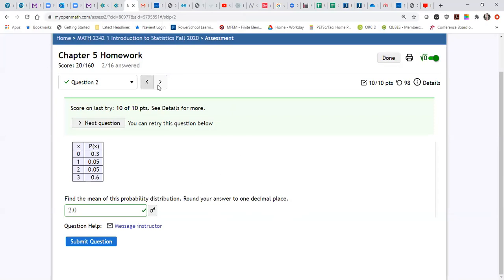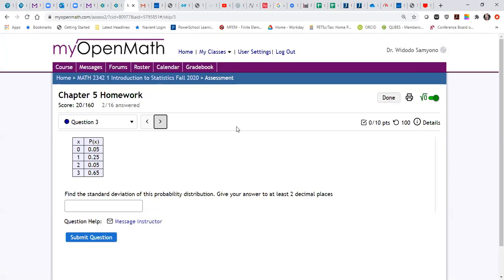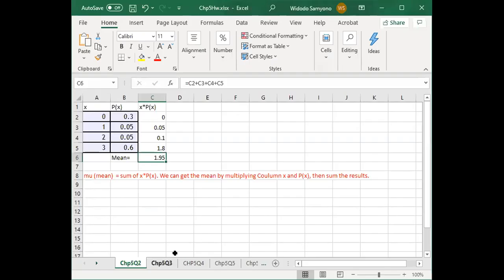The next one, question number 3: find the standard deviation, giving the answer to at least two decimal places. You can copy this and put it in your Excel for number 3.